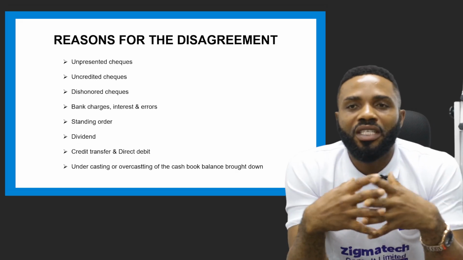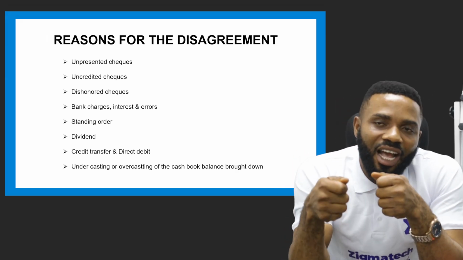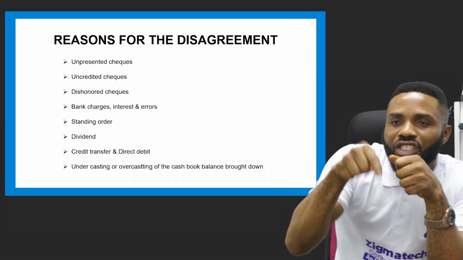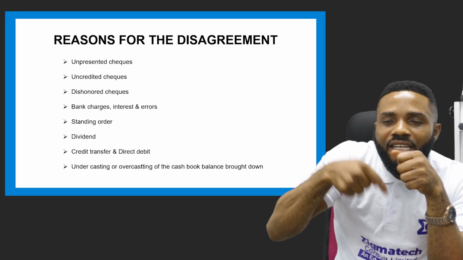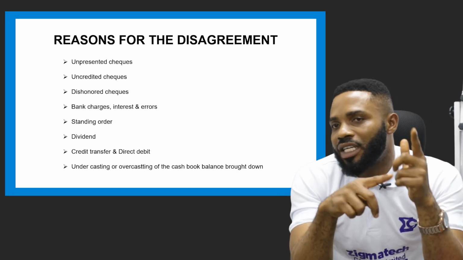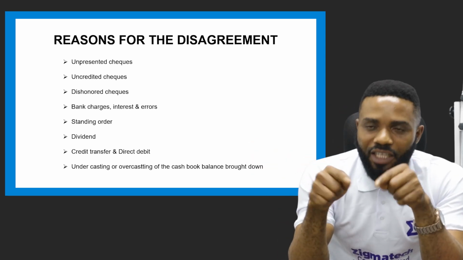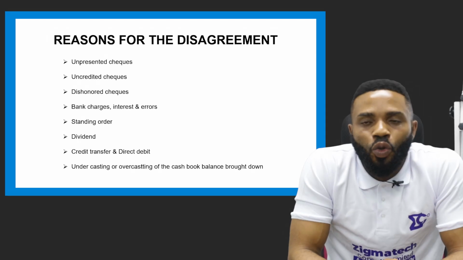So what will happen is that when this check gets to the bank, either the cashier has not credited this check in our account, or we have not taken the check to the bank. In the first instance, it was our customer that had not taken the check. But in the second instance, we are the one that has not taken the check to the bank.